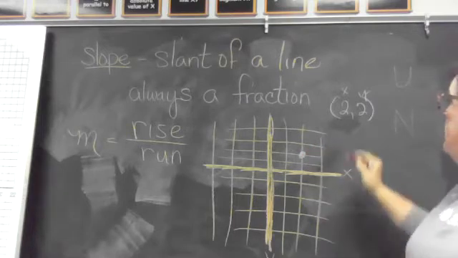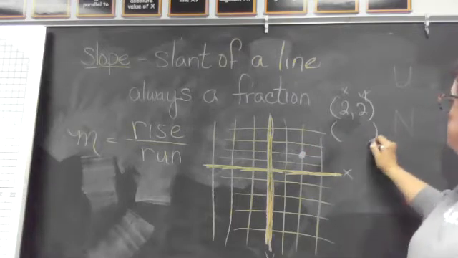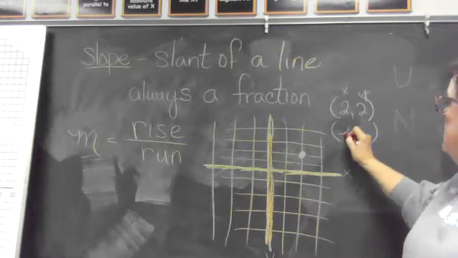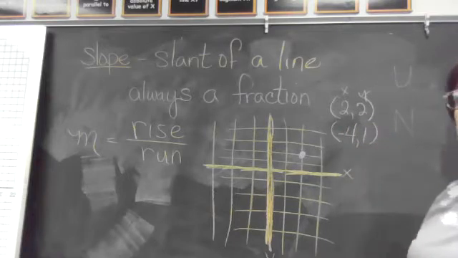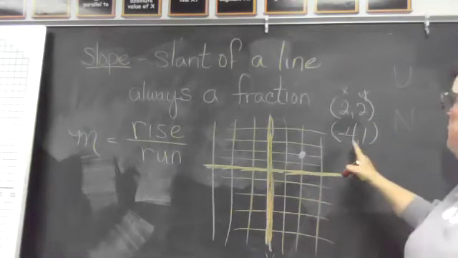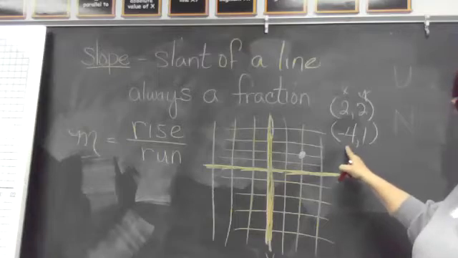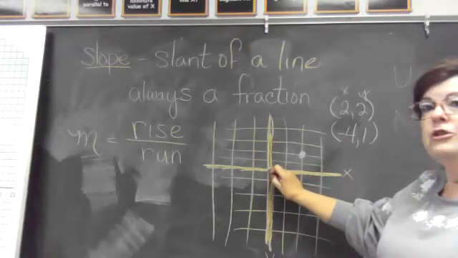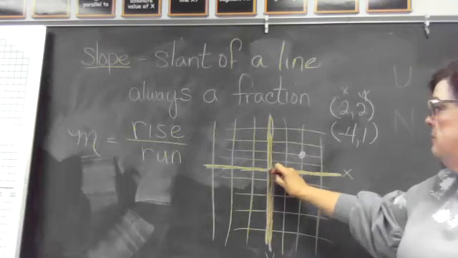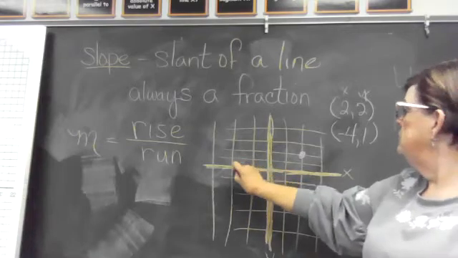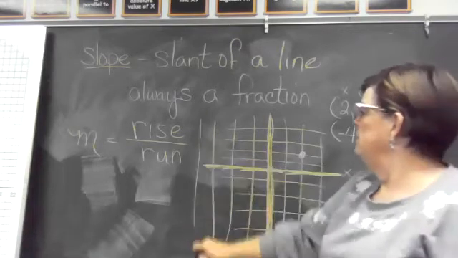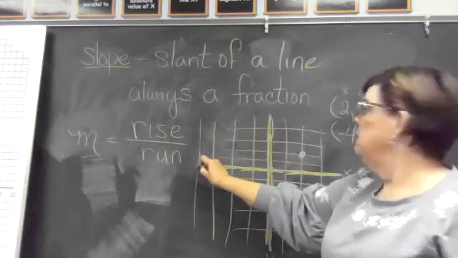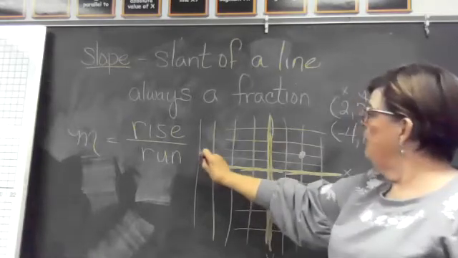All right, now let's plot the point (-4, 1). I start at the origin again if I'm going to plot a point. 1, 2, 3, 4, and then up 1.